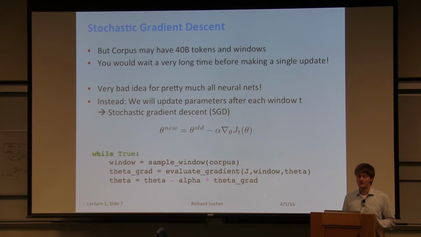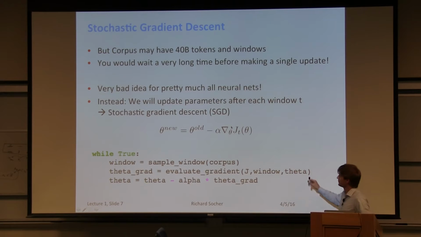What we'll almost always do is to update our parameters after we see each window. And then we'll immediately see whether we're improving things. We can immediately evaluate and visualize what's going on. And in almost all cases, instead of summing over all the windows at time steps t, we'll just basically make one small update at each window.